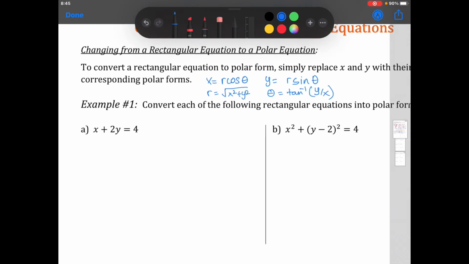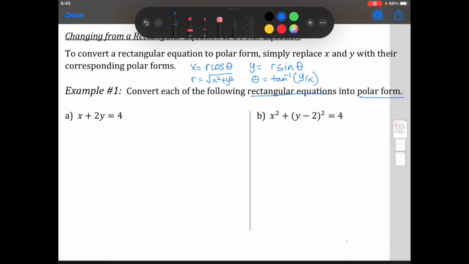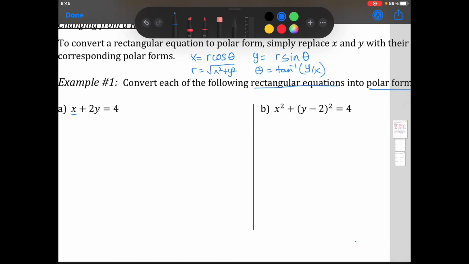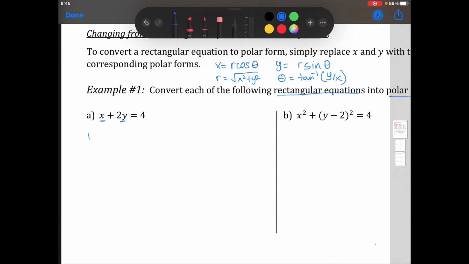So these are the 4 formulas that we have been using so far. Now using these, I'm going to be converting these equations. Example 1 is telling us to convert rectangular equations into polar form. Rectangular to polar is pretty straightforward. Polar to rectangular is a little challenging. So what do we do here? I'm going to substitute x with r cosine theta. I don't want any x and y in it. Basically, that's the goal you should keep.